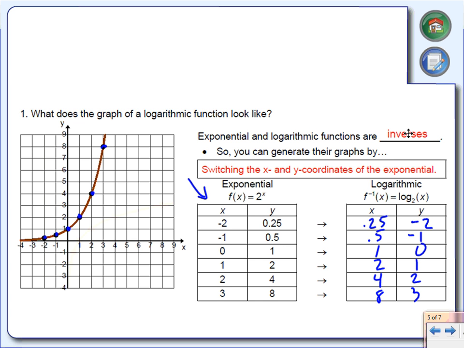What I want you to do is after you switch those order pairs, take the new order pairs that you just created, plot them on the same graph paper as our exponential, and let's see what the graph looks like.